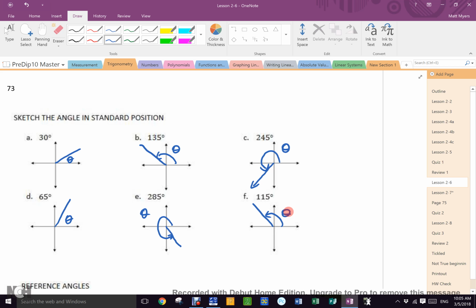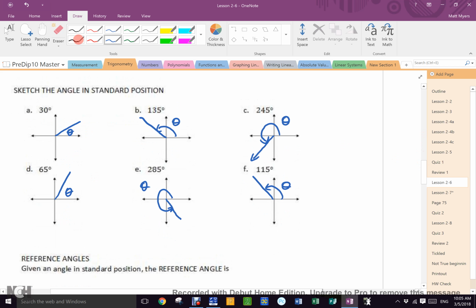Everybody's cool? All right. These all have theta in standard position. Everyone's good, yes? 100%. Okay.